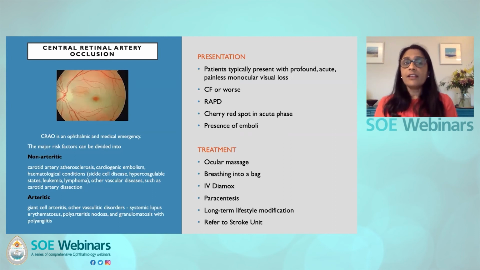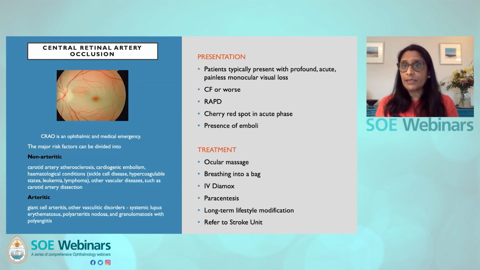And again, when you examine this patient, you may find that they're diabetic or they suffer with high blood pressure, and that they have an RAPD and very poor vision. When you look into the eye, you may find a cherry red spot, a retina that looks very pale, and you may even see the presence of emboli.